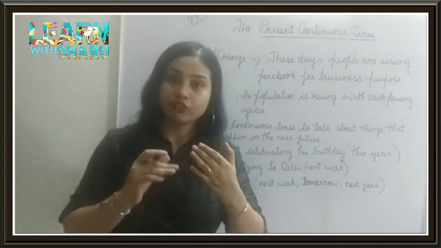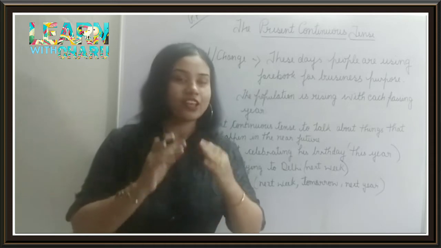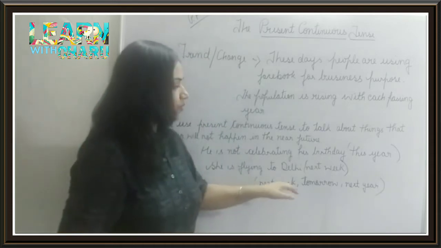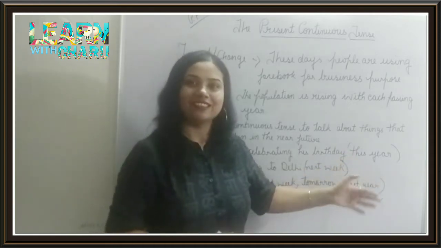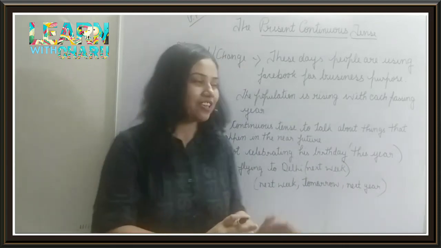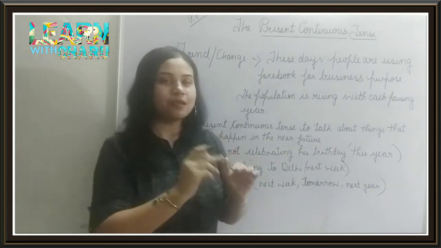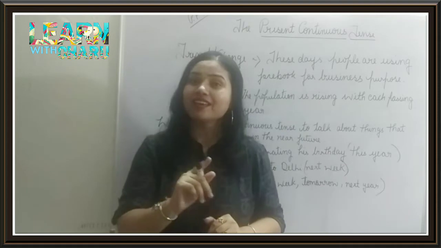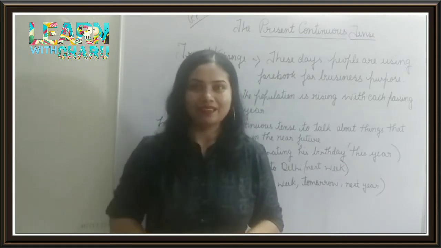If you want to show future with the help of this tense, you have to use next week, tomorrow, next year. Okay, so we can use future tense but in a very special way.